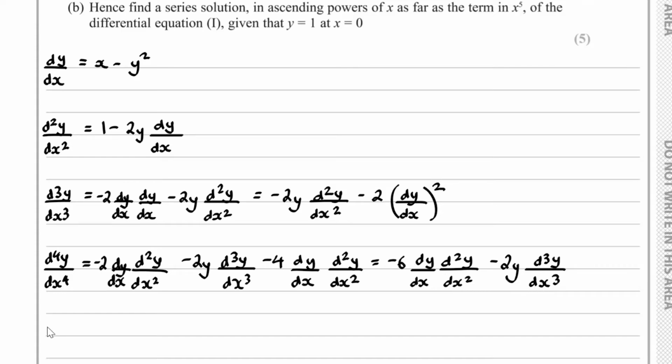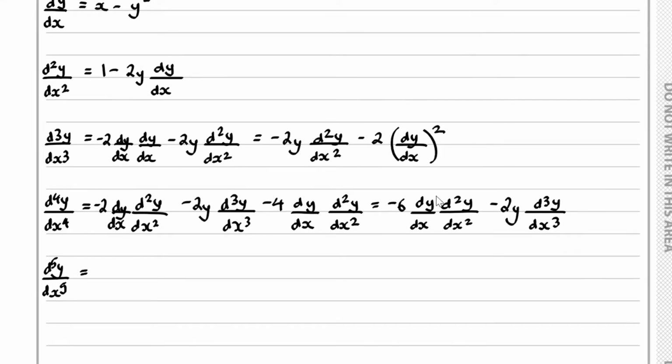Next, we have to work out the fifth derivative, so d5y over dx5. Well, if we differentiate this first term here, we'd have to use the product rule. So we have v, which is d squared y over dx squared, times by u dash, so we have minus 6 times by d squared y over dx squared.